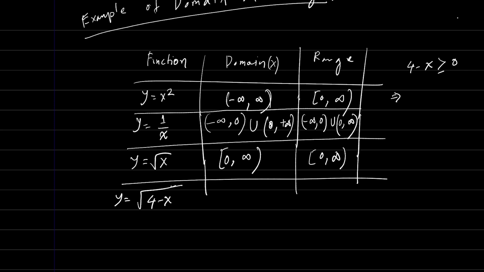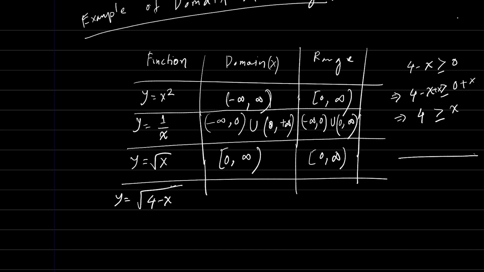If we add x to both sides of the inequality, 4 minus x greater than or equal to 0 plus x, we get 4. So x has to be less than or equal to 4.